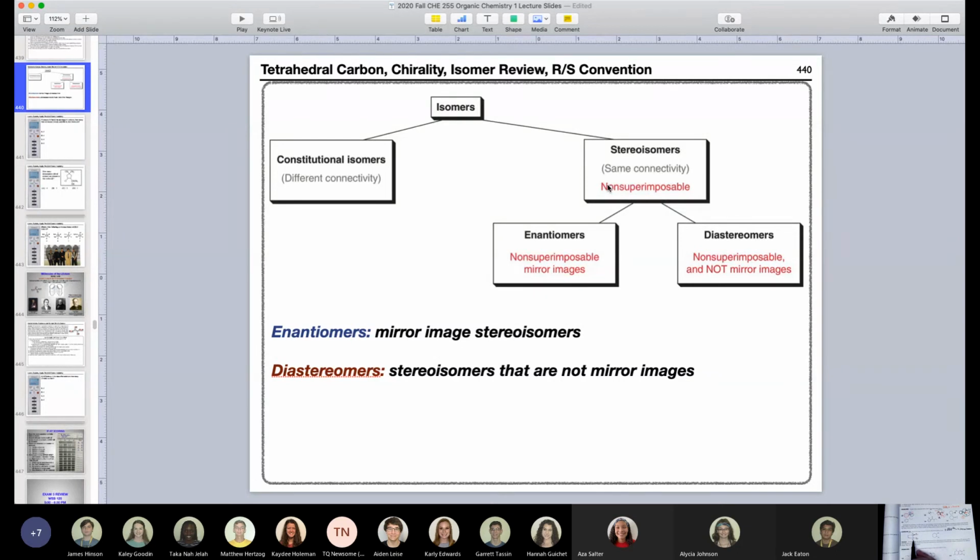We've determined one of them already. So what are we trying to do now? We're trying to draw all 4. We've determined one. Now I'm going to draw the mirror image of this. So this is the mirror image. Mirror images are enantiomers, correct?